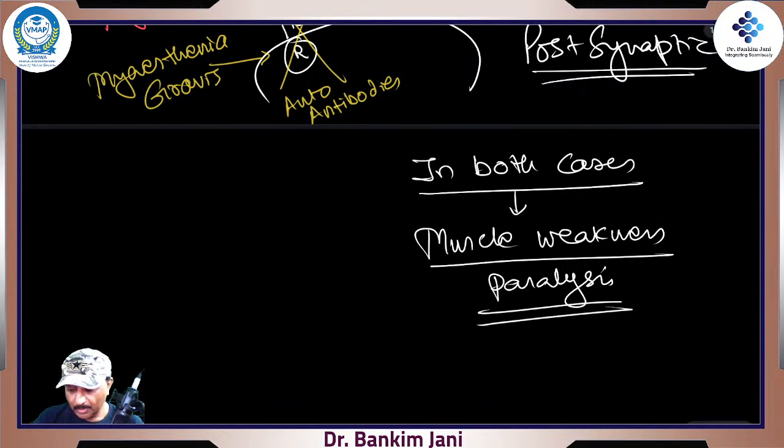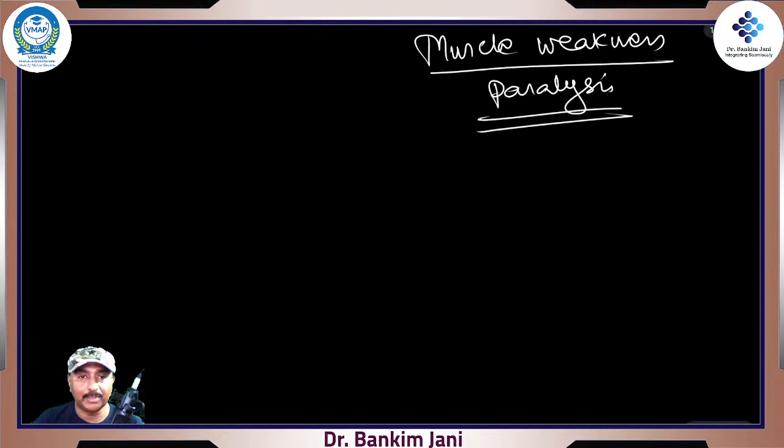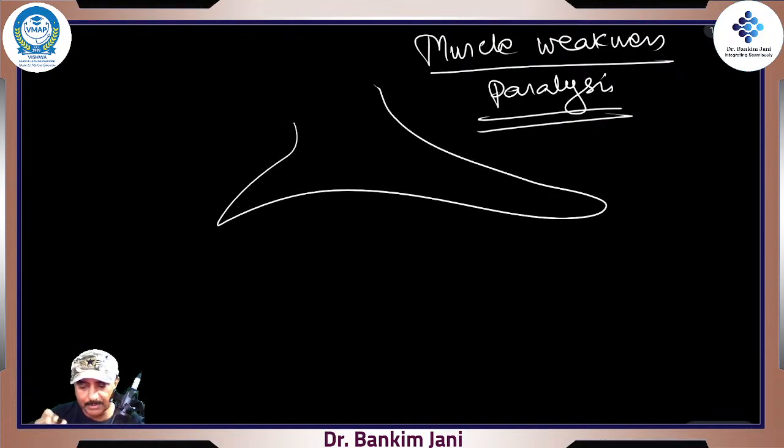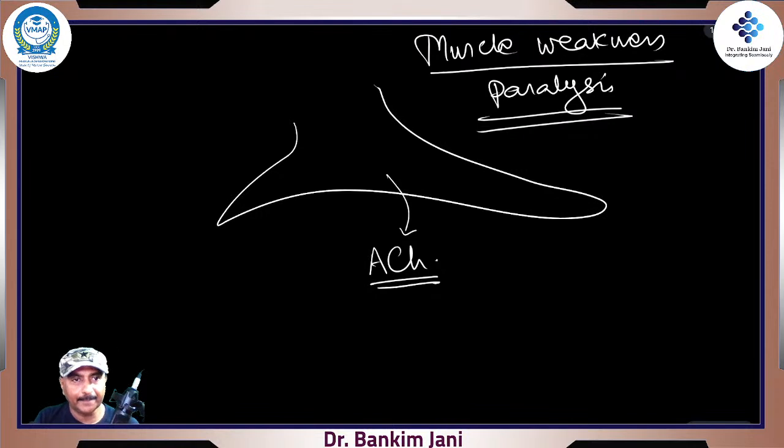One more very nice thing. This is the synapse. Everything is fine and the acetylcholine is released. But this acetylcholine has to be taken back, because otherwise it will keep on working on and on, so it will lead to hyperaction.